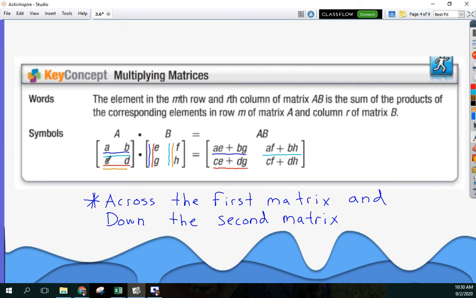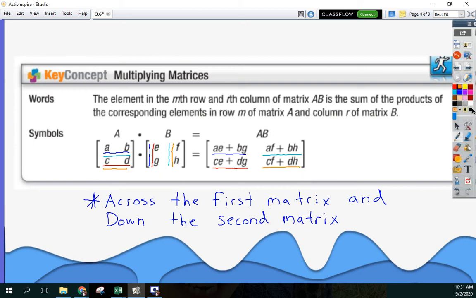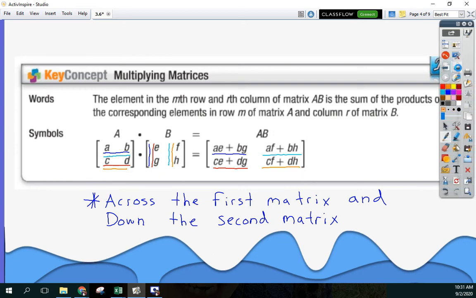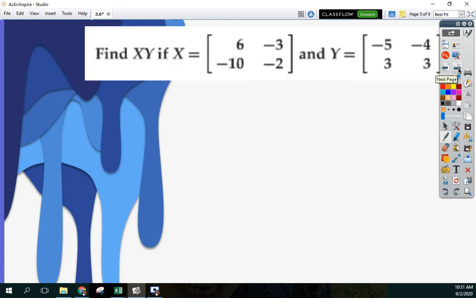So we would have C times F plus D times H. I know that's a lot of letters, so let's look at an actual example with numbers. I think that might at least help a little bit. So we have X times Y, and they give us a 2 by 2 times a 2 by 2. That's important because remember, we need to check and make sure that our inner dimensions are the same.